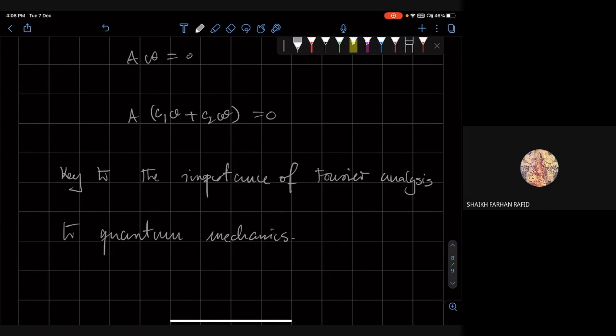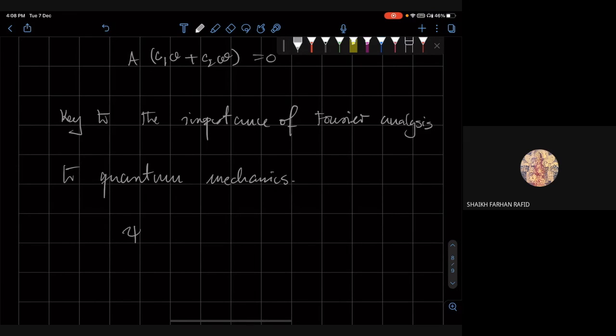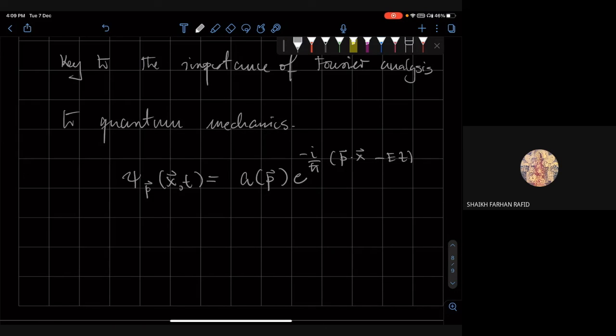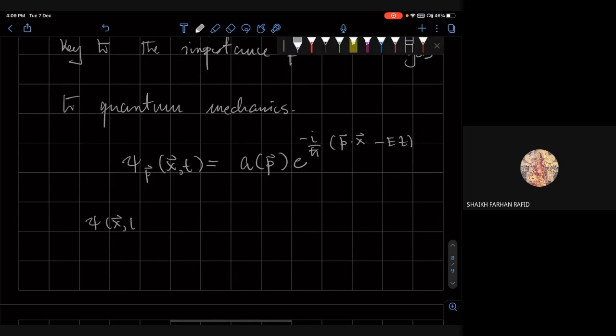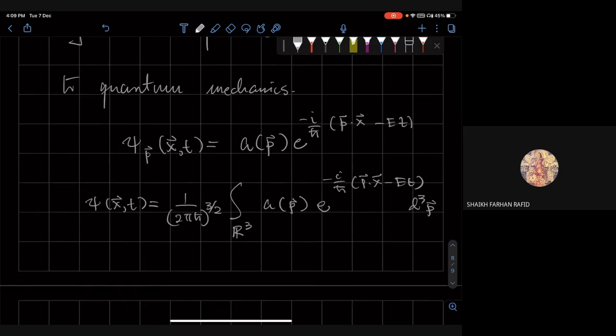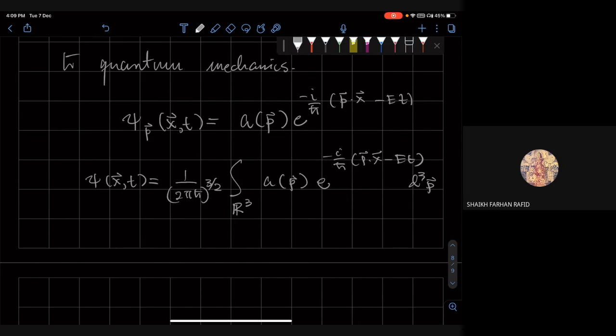Okay, so if you have a solution to the Schrodinger equation of the form psi_p of x, t equal to A(p) e to the power minus i by h bar (p dot x minus Et), then the linearity means that this thing, psi of x, t, which is 1 over (2 pi h bar) to the power 3/2, integral of A(p) times these guys for different values of p, is also a solution to the Schrodinger equation. Okay? So that was the linearity.